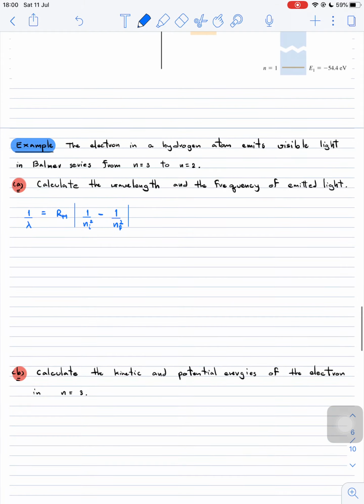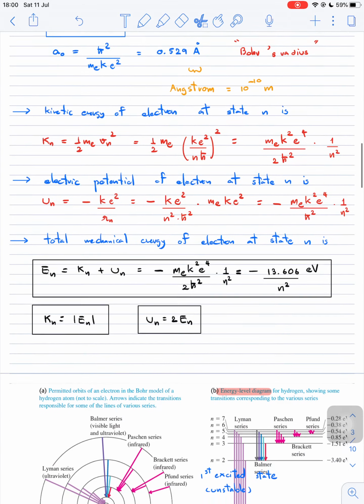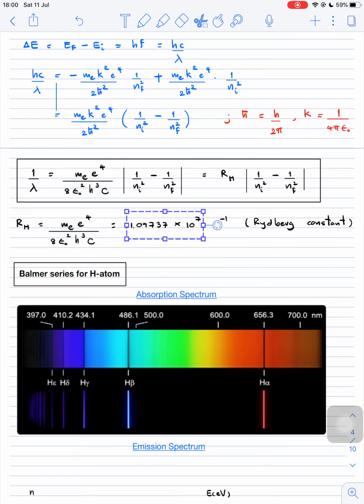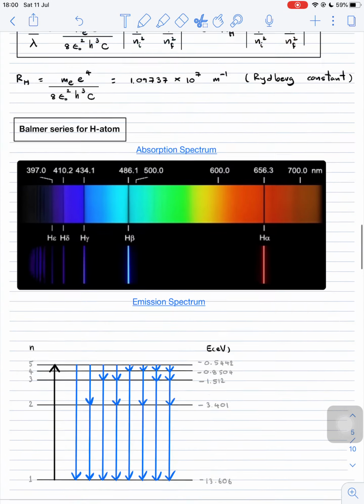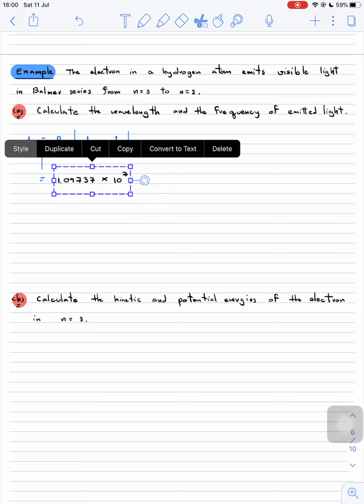Okay, so now let's just put in the values. The RH, the Rydberg constant, is equal to this value.